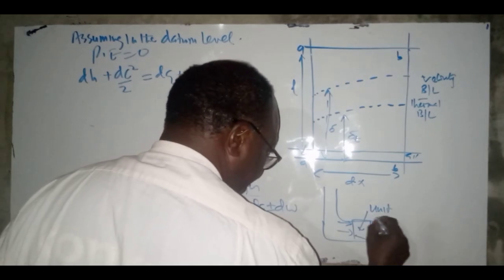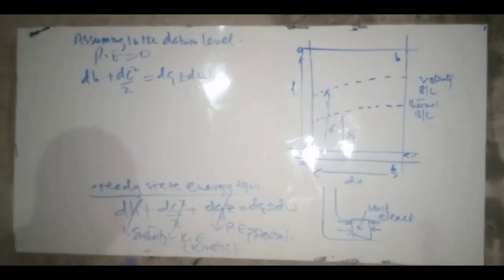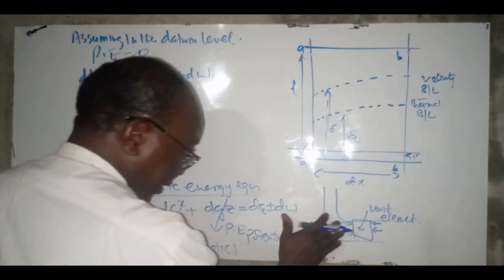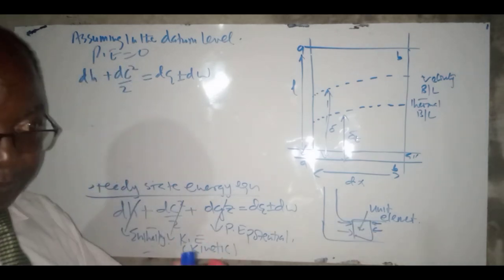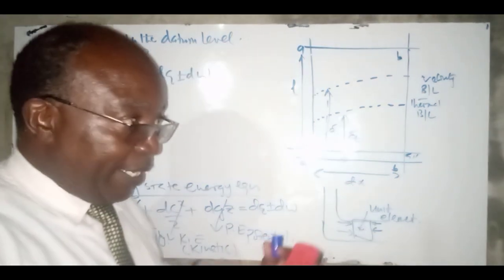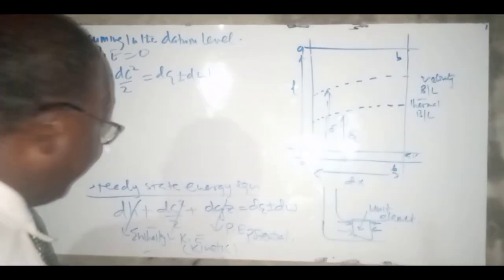So in other words, you can assume that there's no work done on it because they are all balanced out. The work it does and the work done on it balance out, so they cancel out. So we assume that in this particular system, the mass does not do work, neither is work done on it.